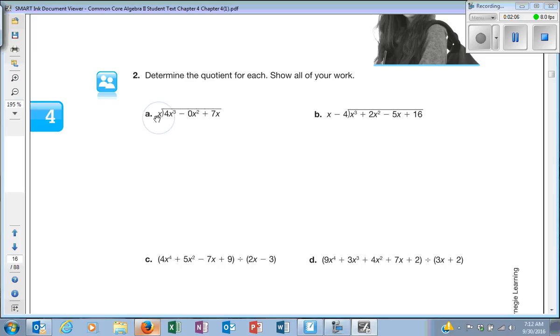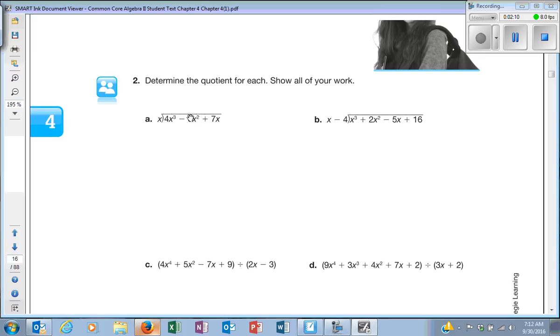They're actually asking you to do the division. They set it up as a division problem. Do you see the 0 right there? That's not going to be normally given to you. It's normally going to say 4x to the third plus 7x. And remember, you have to make sure you walk it down from 3, 2, 1. Now, you don't have to have that 0 back there. You with me? If there's something left over, that's the remainder.